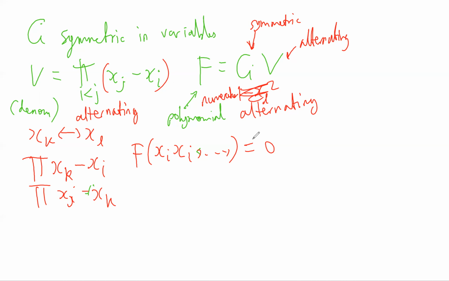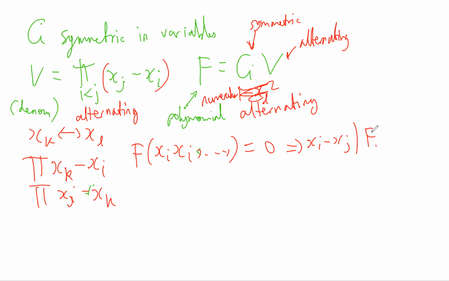Okay, so they're claiming that anytime you have an alternating polynomial, because it's zero, it has a factor of xi minus xj.